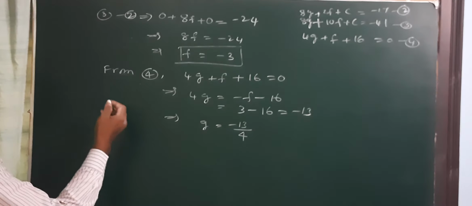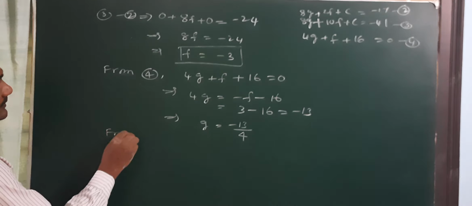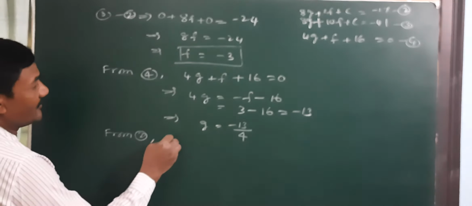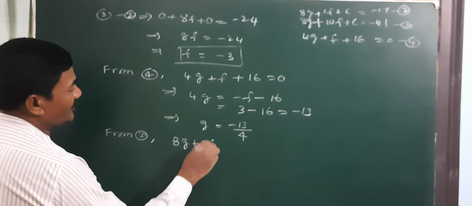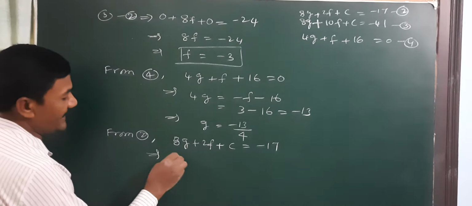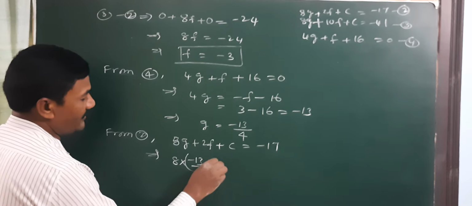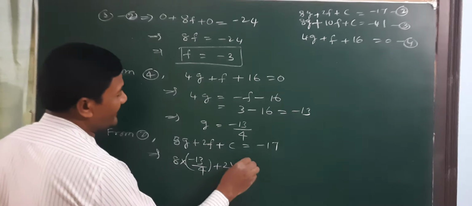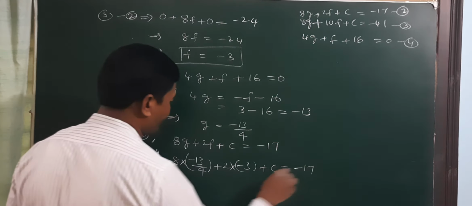So f and g are found, and from equation 2, 8g plus 2f plus c is equal to minus 17. So 8 into g, which is minus 13 by 4, plus 2 into f, which is minus 3, plus c is equal to minus 17.